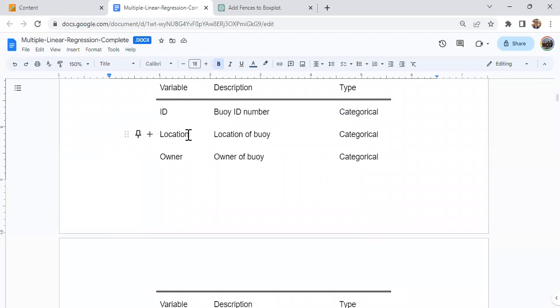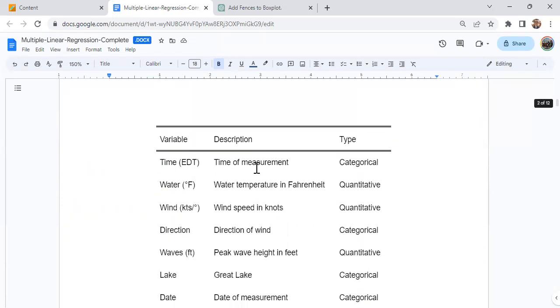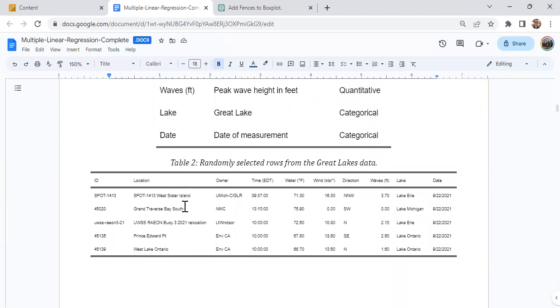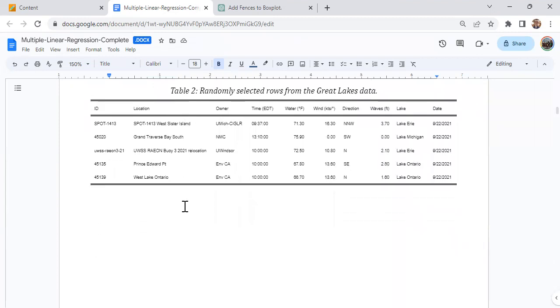We won't really use that for analysis, but the variables we're going to be focusing on are the water temperature in Fahrenheit that the buoys recorded. It recorded the wind speed in knots, which is kind of similar to miles per hour, but a slightly different unit of measurement. And then the peak wave height in feet. So it measured how tall the waves were.